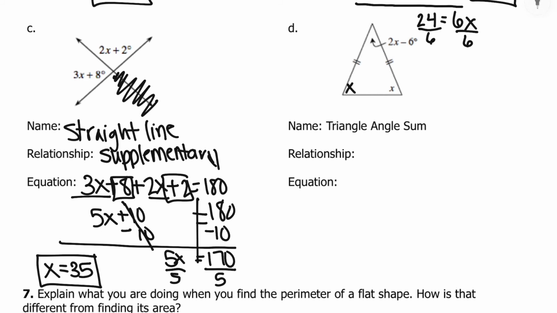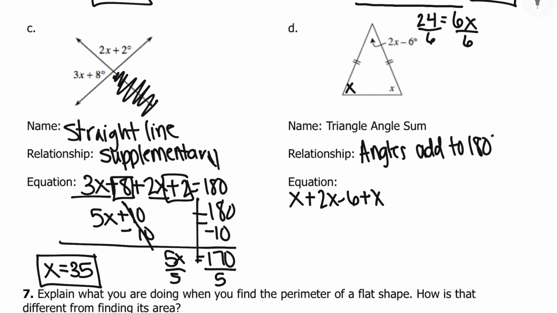So then now we can talk about the angles of a triangle adding to 180. And then the equation we're going to write is adding every angle together. So x plus 2x minus 6 plus x should equal 180. So then we're going to put all the x's together.